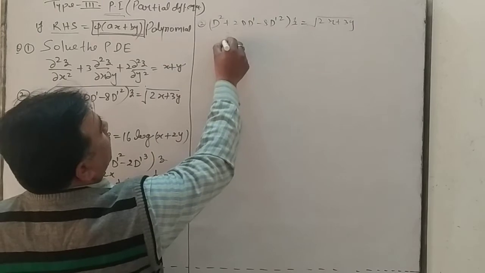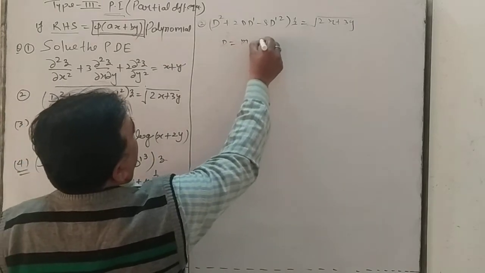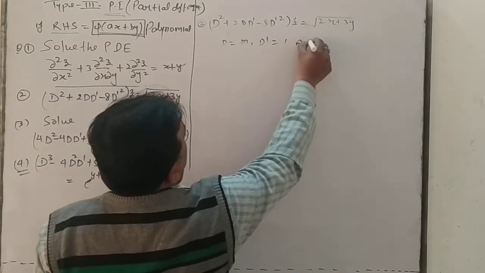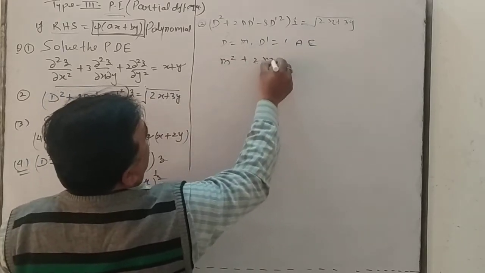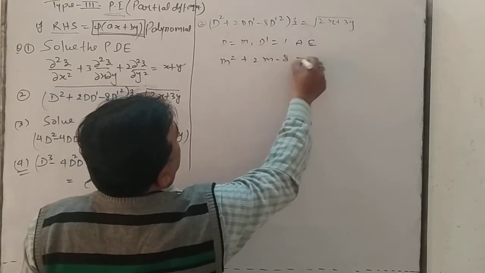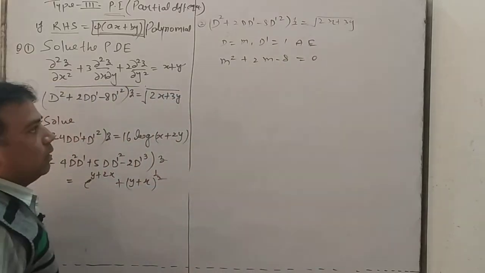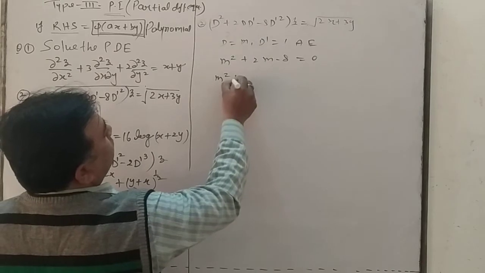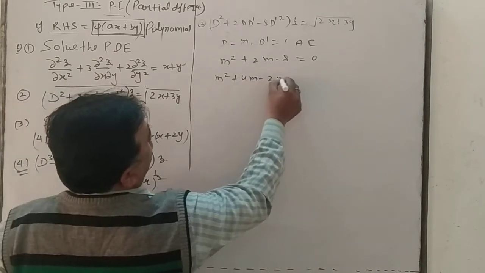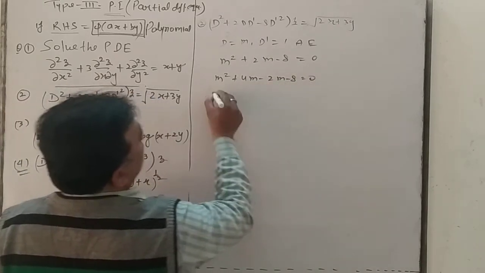Again D equal to m and D dash equal to 1, then the auxiliary equation is m square plus 2m minus 8 equal to 0. You factorize this: m square plus 4m minus 2m minus 8 equal to 0.